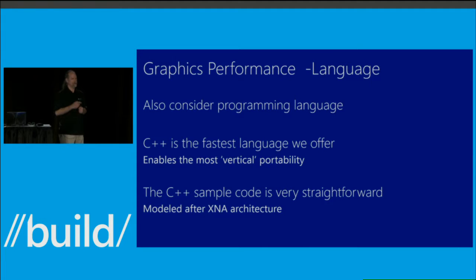And the other thing we've done is all the sample code that we wrote for Windows 8 and Windows 8.1, especially Windows 8, is modeled after the syntax of the XNA architecture. So if you understand XNA or you've written some XNA code, it should be pretty simple to figure out how to do that in C++.